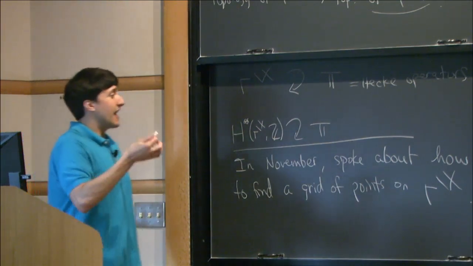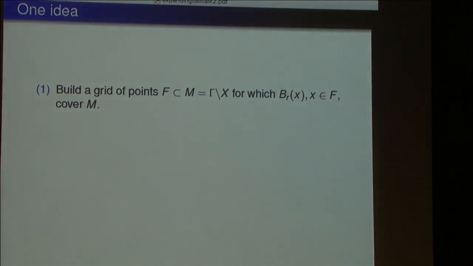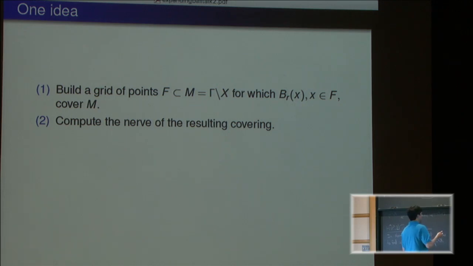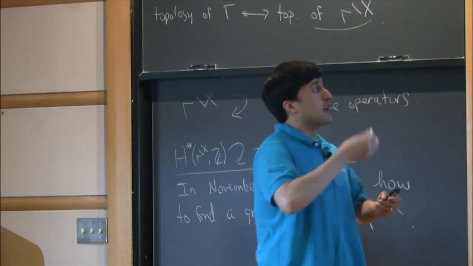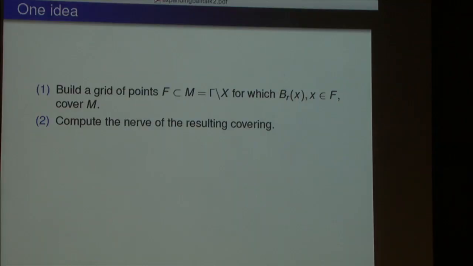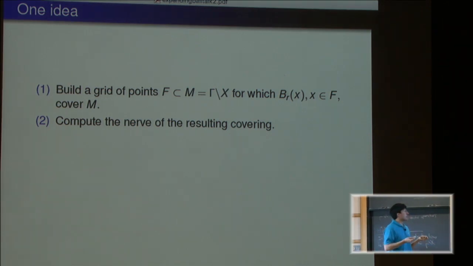The basic idea is that once you have found such a grid of points, you look at the open covering given by balls of some radius centered at those points, and compute the nerve of that covering.